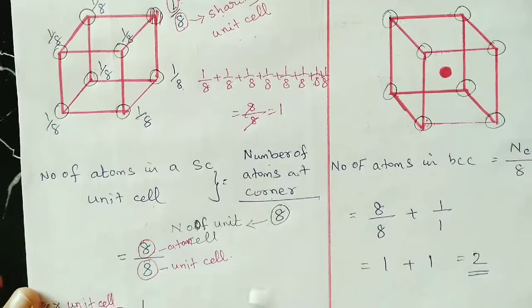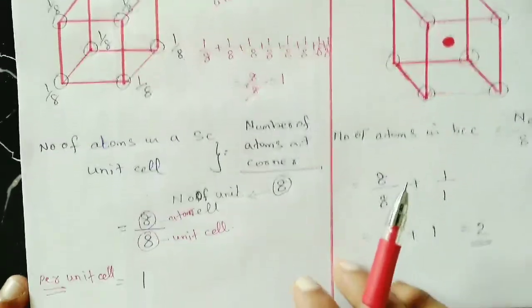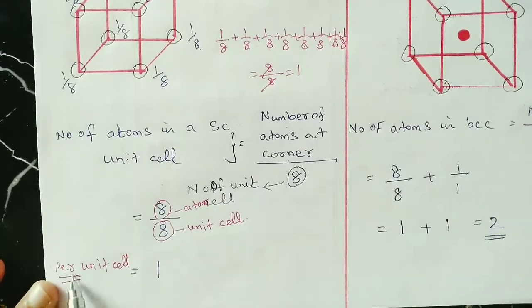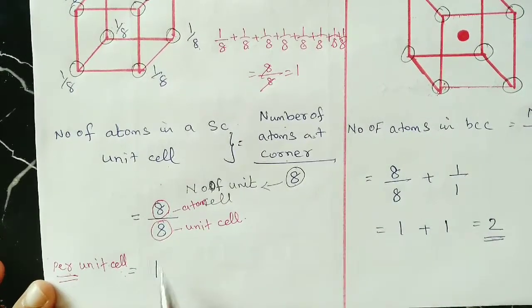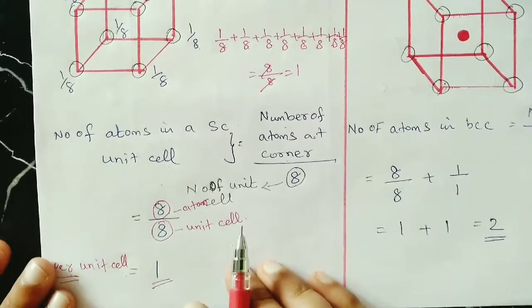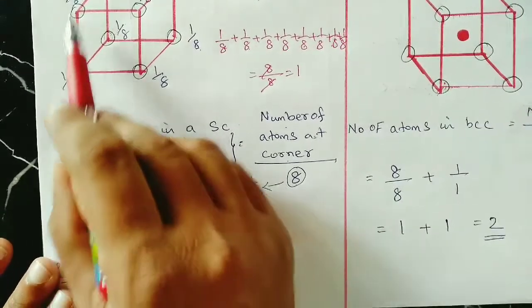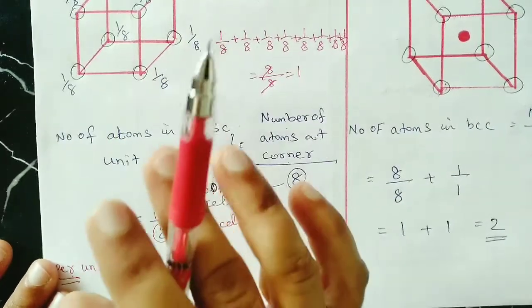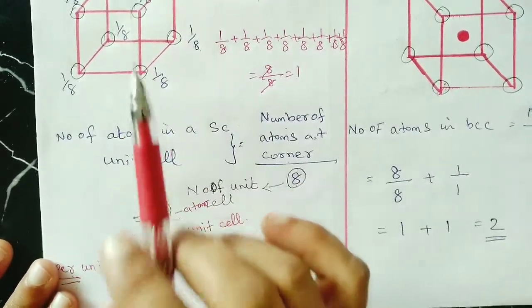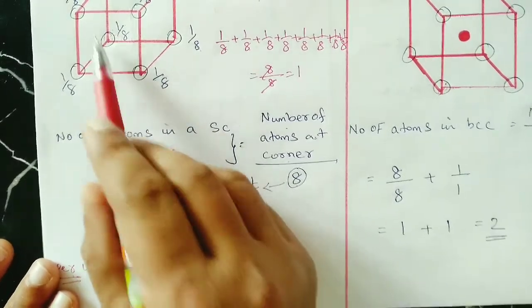We can simply calculate in this manner also. The number of atoms per unit cell is very important. Per means one unit cell, and it is only one. When we simply look at the unit cell there are 8 atoms, but only one atom belongs to the one unit cell.